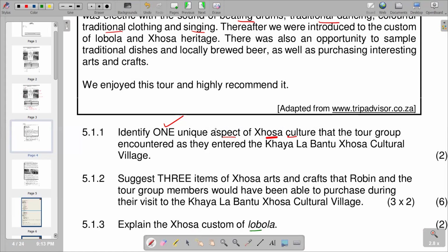That's basically what we know. Traditionally it should come in the form of cattle. So basically the bridegroom will compensate the family of his fiancée for her hand in marriage by giving cattle. That's the traditional way. We can just not use the term money, but use the term cattle.